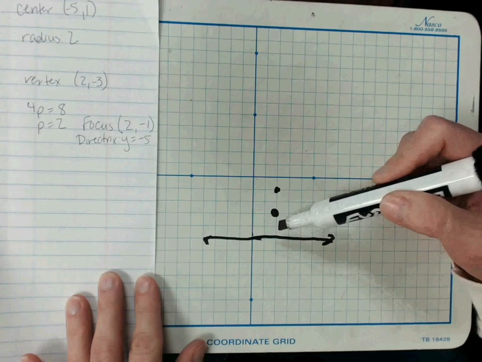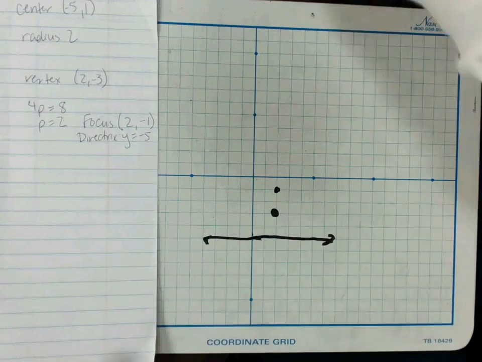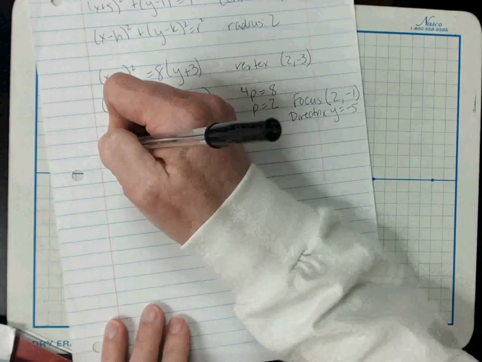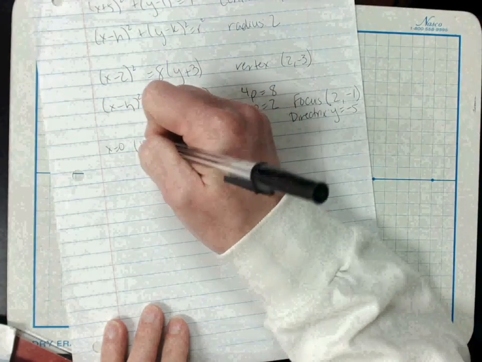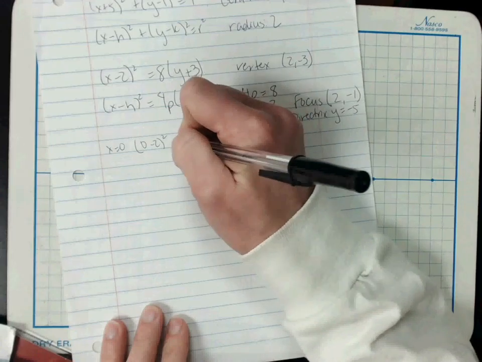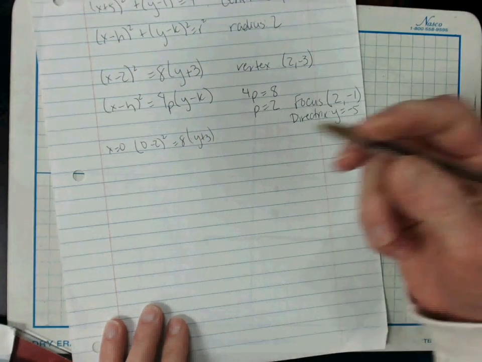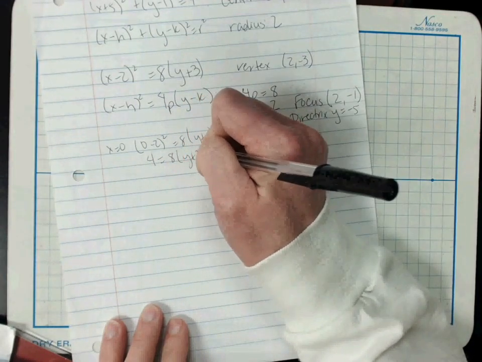So let's just plug in a point. Say, let's see, we need a point. I'll throw my pencil around. So x is equal to 0. If I plug in 0, I'm going to have (0 minus 2) squared equals 8(y plus 3). So negative 2 squared is 4. 8 plus 3.